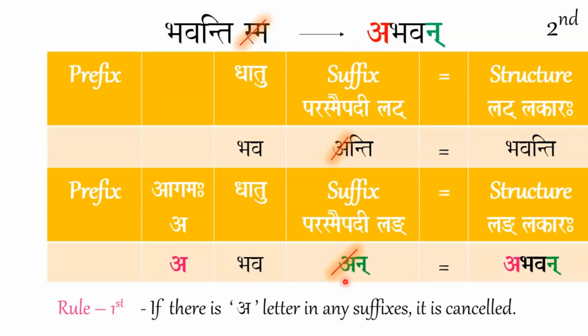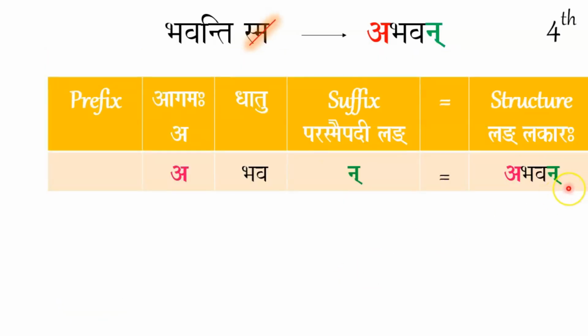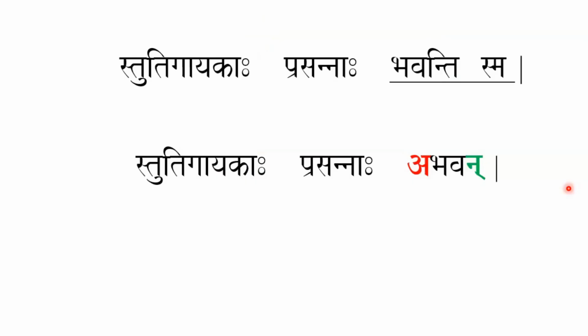And then all words, agamaha a, dhatu bhava, and the suffix halanta n, are brought together, which becomes Abhavan. So our sentence would be Stuti Gayakaha Prasannaha Abhavan.